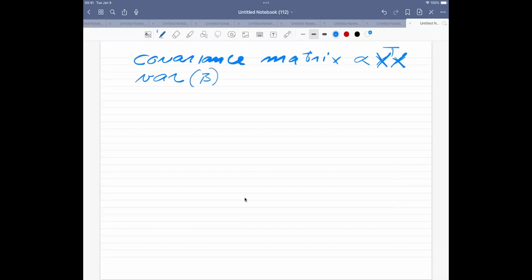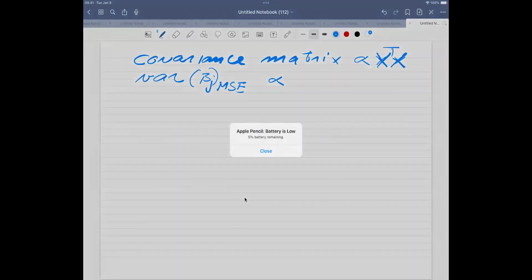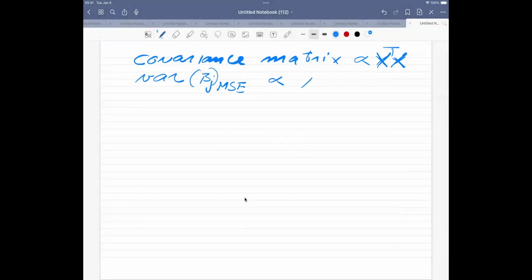So for beta, and now I'm putting mean squared error, this is actually proportional. I'm going to put a subscript J, so it's one of the components. This is actually proportional to X transpose times X inverse of JJ, the diagonal element. So that means it's inversely proportional to the singular value. And we are going to study that property in detail when we are analyzing different models.